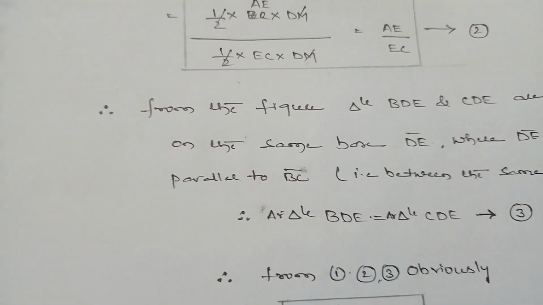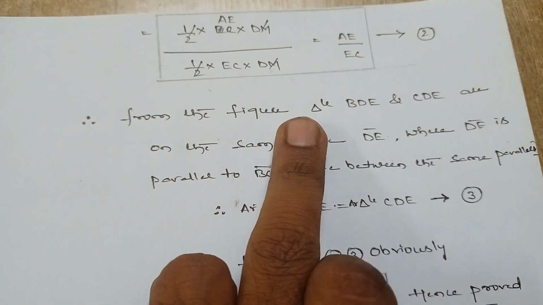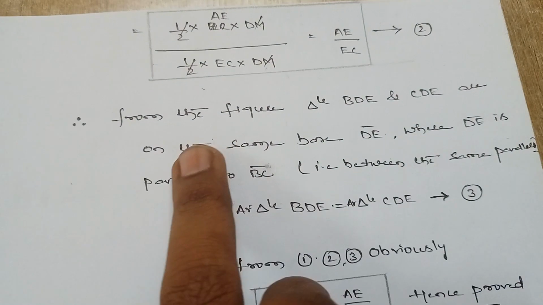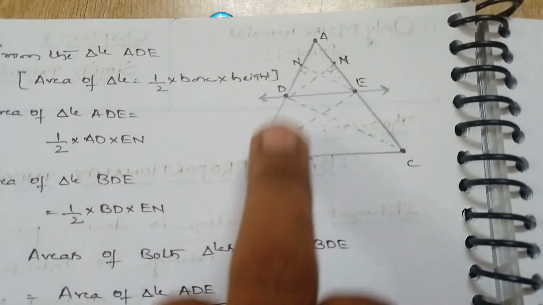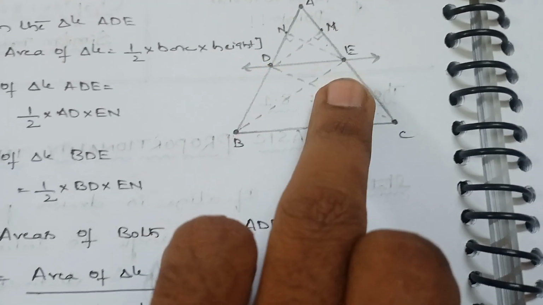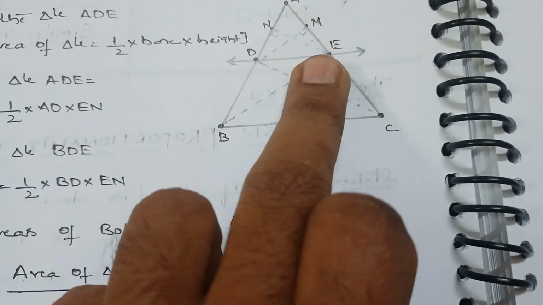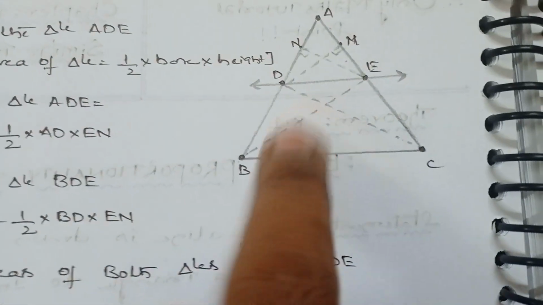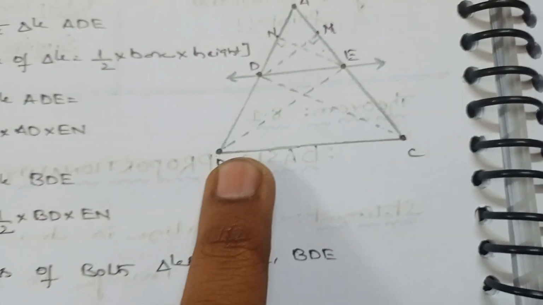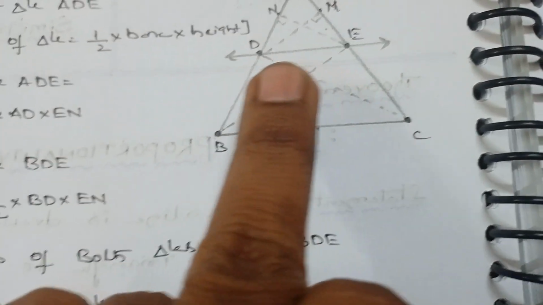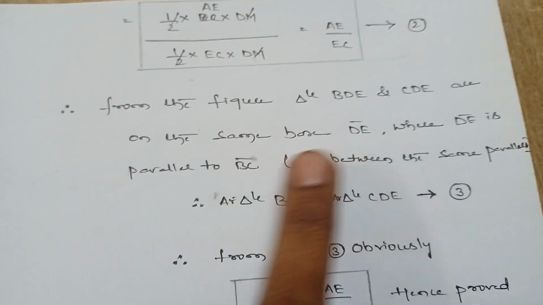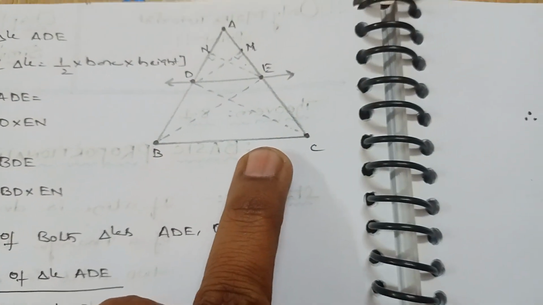Now, from this figure, what we observe is that triangles BDE and CDE lie on the same base DE, where DE is parallel to BC.